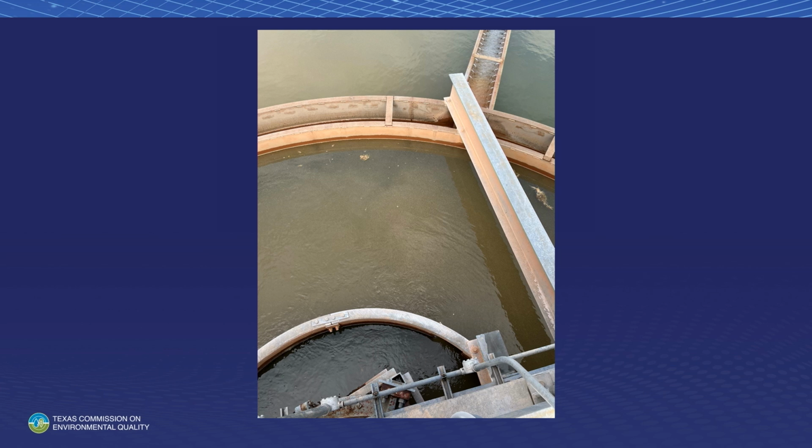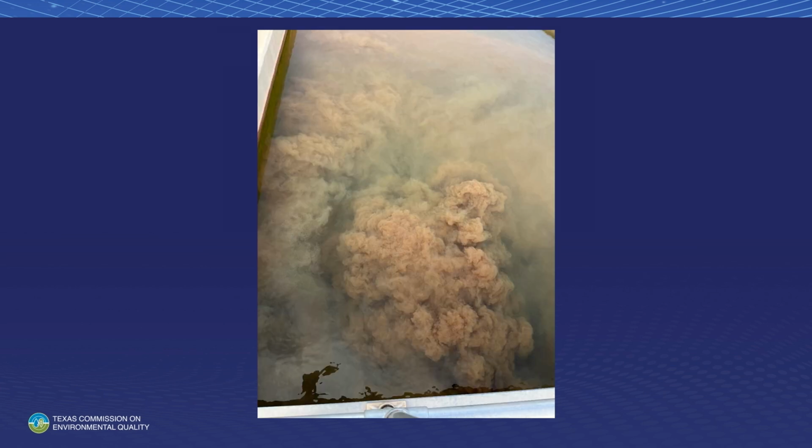The best that we could figure is the side of the cone on the south side of that clarifier had ruptured. What we were having was a jet coming out the side of the cone. Rather than the sludge going down and underneath the cone like it's supposed to, it was coming out of the side of the cone and creating this disturbance.